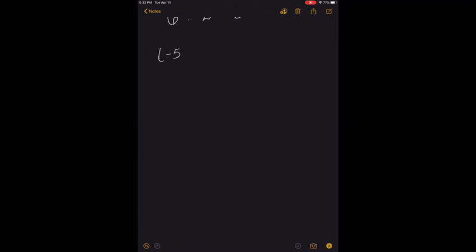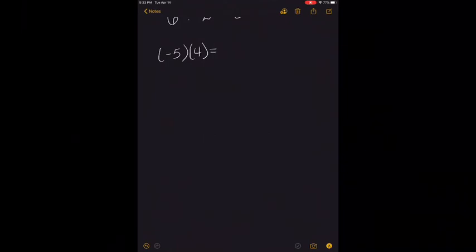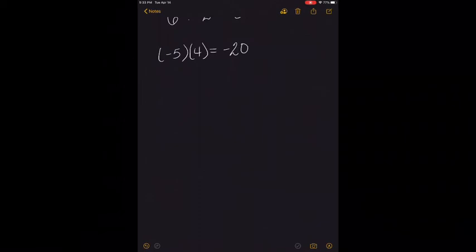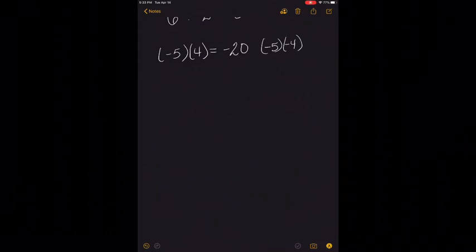Okay, so let's do some of the examples before us. Negative 5 times 4 equals, the signs are different, so it's got to be negative 20. So what about the next one? Negative 5 times negative 4. Well, the signs are the same, so it's positive.